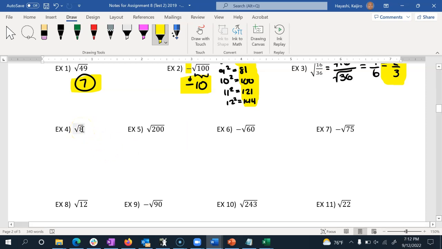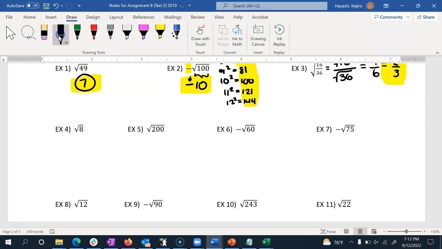If you think of all the factors of 8, is any one of them a square number? 4. 4 is a good one. 1 is always going to count, not that anyone said 1, but just in case anyone was thinking it, 1 will work, but it's not going to help you at all. But 4 is definitely a factor of 8.